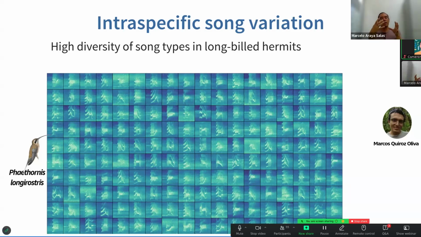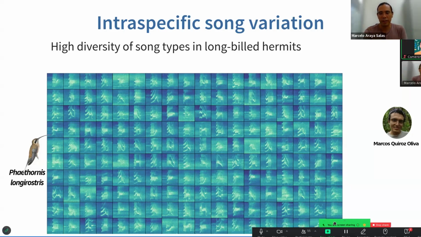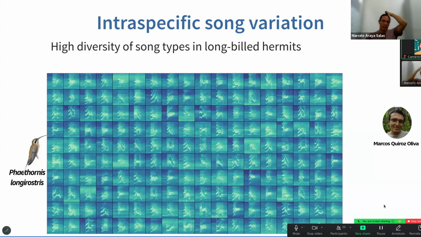You can call them song-type neighborhoods, like subgroups of the lek singing different variants of the song, right? So that's what I'm trying to show you here, the crazy amount of variation that you can see in this species. I think there are 100 and something different song types that we have recorded during several years of fieldwork before Marcos, but we still keep doing this.